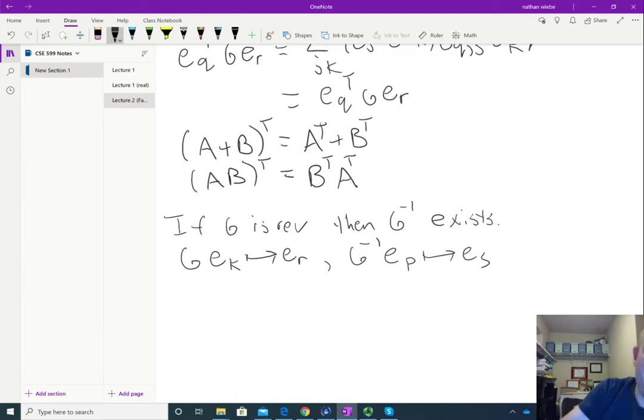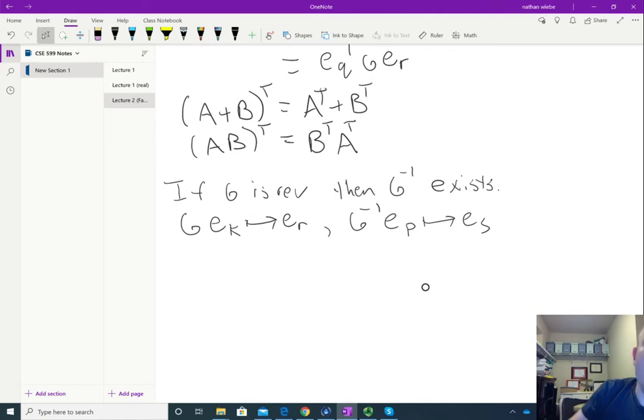Fantastic. So if it's reversible, now let's take a look at the matrix elements. If we look at a single row of G, row k, say, that row in the matrix will end up looking as follows.